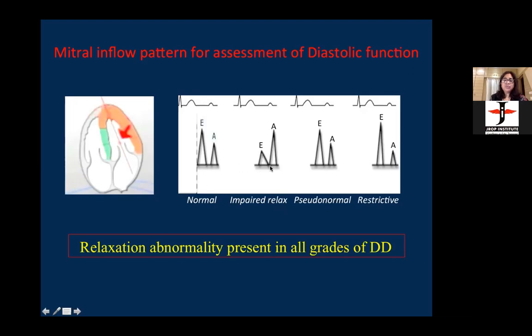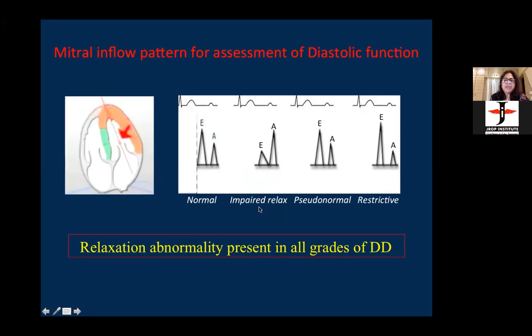So blood flow stops, and 20% of the filling instead of 80% is occurring at the early rapid filling phase. And the rest, 80% of the filling is taking place due to atrial pump or atrial booster in the late rapid filling phase.